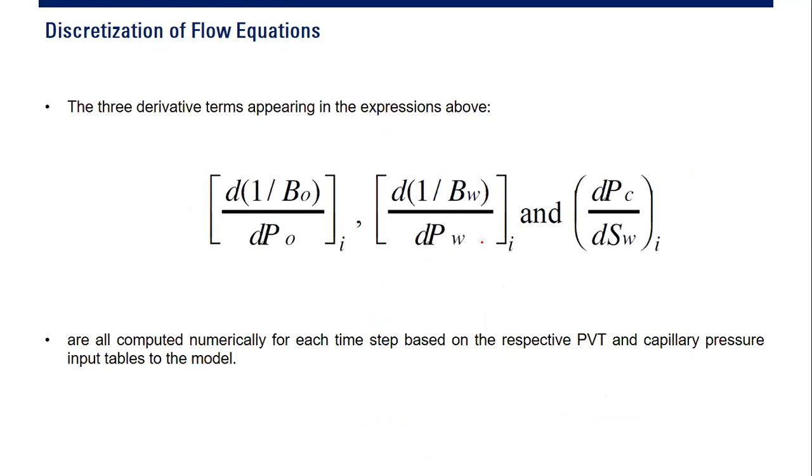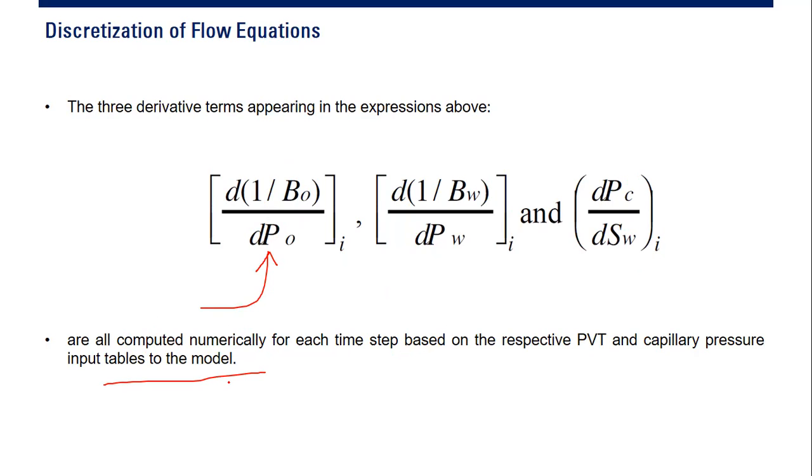All right. The three derivative terms appearing in the expression above are this one, the derivative of 1/BO with respect to PO, the derivative of 1/BW with respect to PW, and the derivative of capillary pressure with respect to water saturation. They are all computed numerically for each time step based on the respective PVT and capillary pressure input tables inside the model.